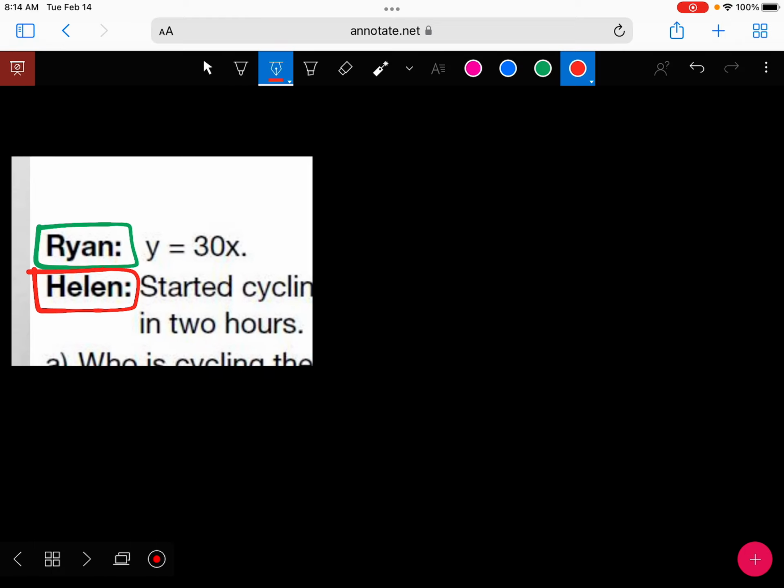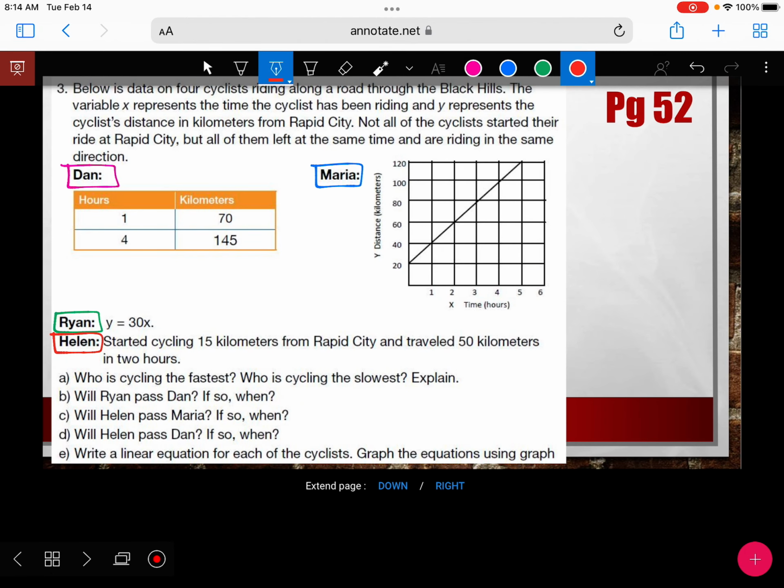Those are all 4 very distinct colors, okay? So you've got Dan, Maria, Ryan, and Helen. So make Dan, Maria, Ryan, and Helen all 4 separate colors and box them out with the color or shade over them with your colored pencil, whatever you want. Just make them so you know who is what color, okay?